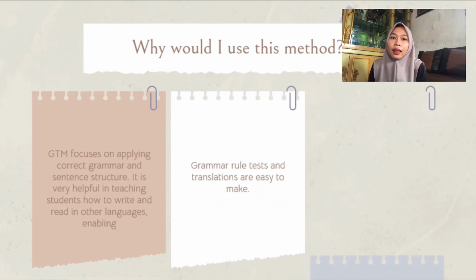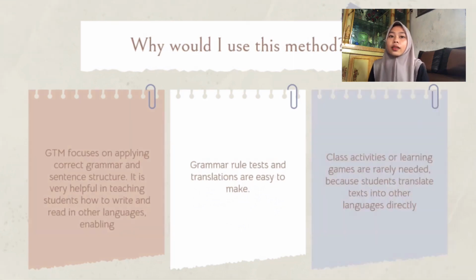Second, tests of grammar rules and of translation are easy to contrast. And the last, class activity or learning games are rarely necessary, as students are translation text to another language directly.